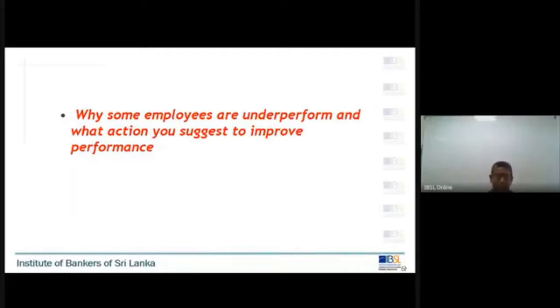They call it underperforming, not up to standard. Why do they behave like that, why do they underperform, and what action do you suggest as a manager of a bank to improve their performance? These two are, in fact, the examiner's questions. These things are repeatedly asked by the examiner in different ways. I just put it down as two questions.